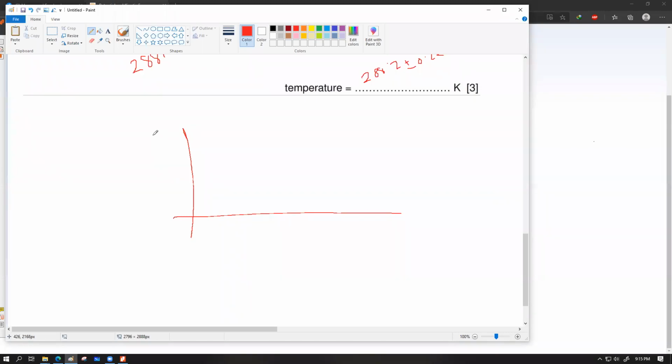Let's say this is our resistance versus temperature graph. If I plot the resistance against temperature on the degree Celsius scale, that looks like this. So let's say this line is the degree Celsius scale.